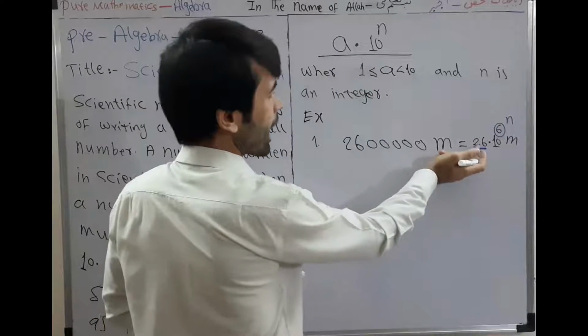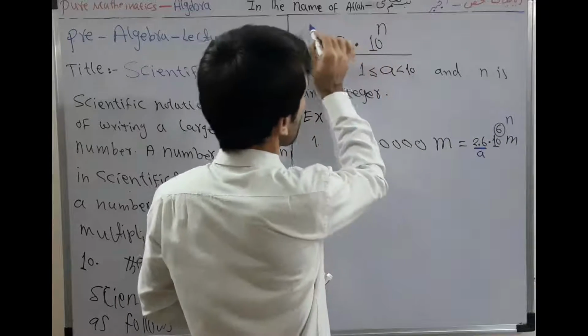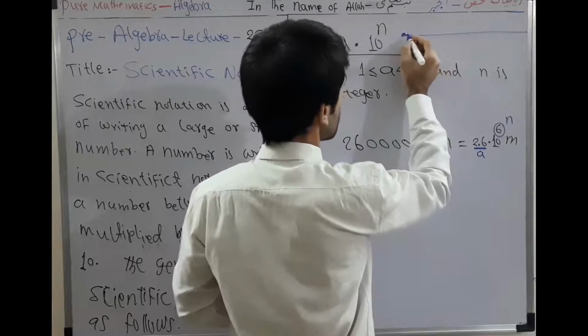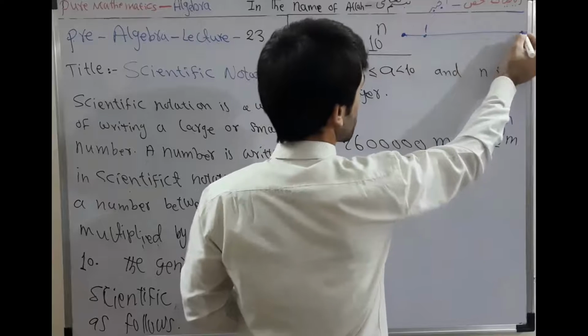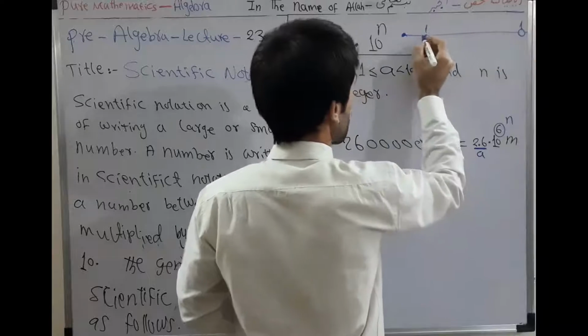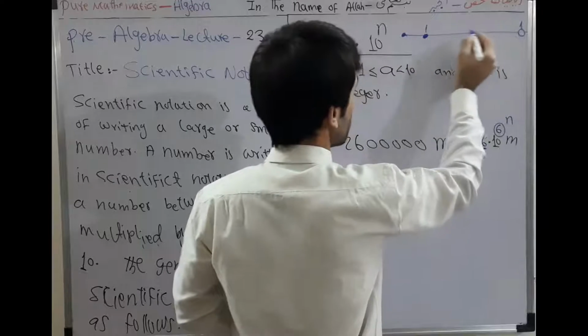Actually, a is less than 10. If we look at the real number line, it is 1 and 10. It should not be 10, but it must be between 1 and 10.